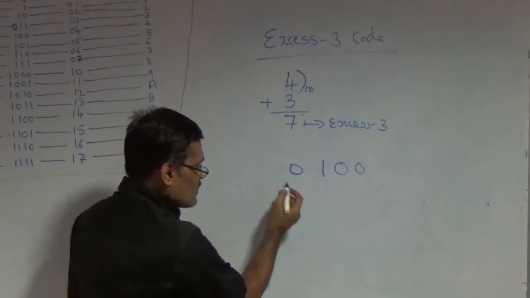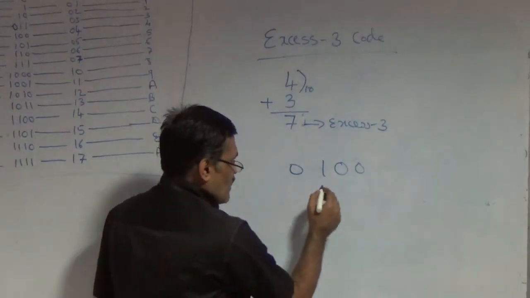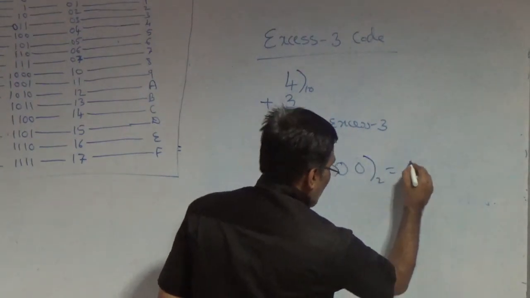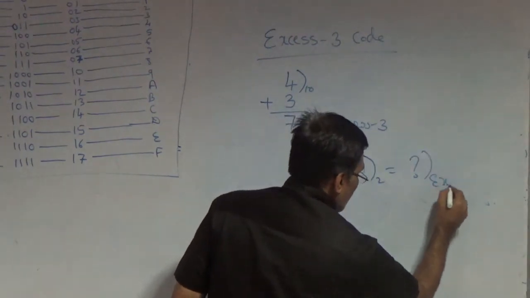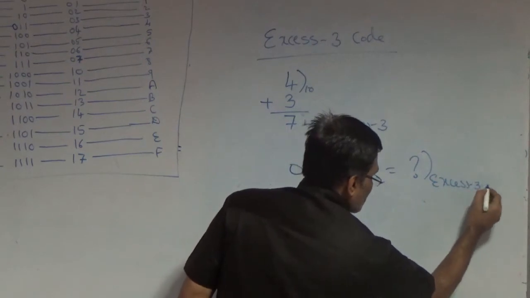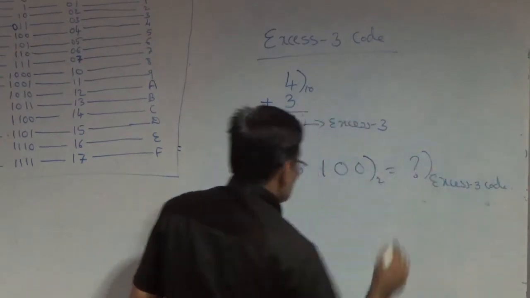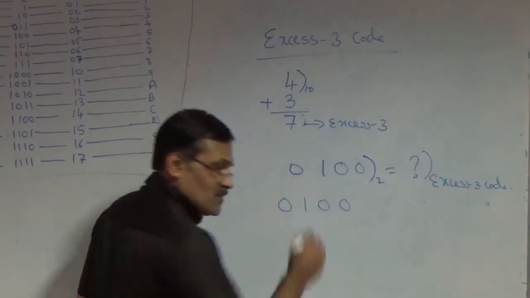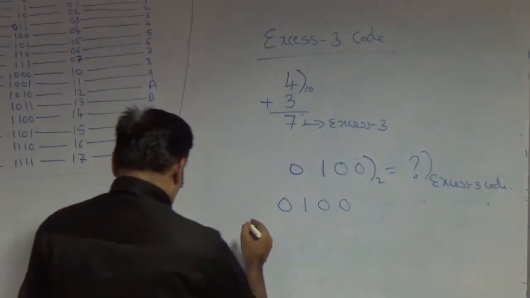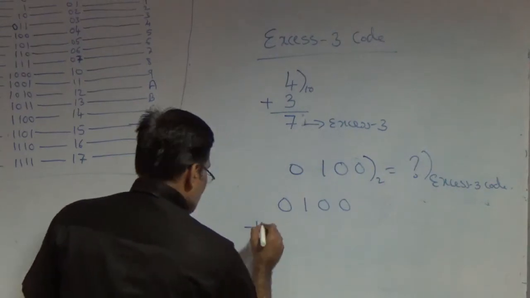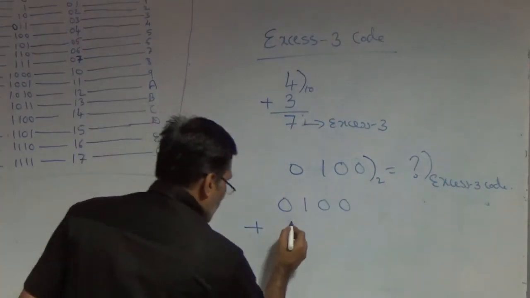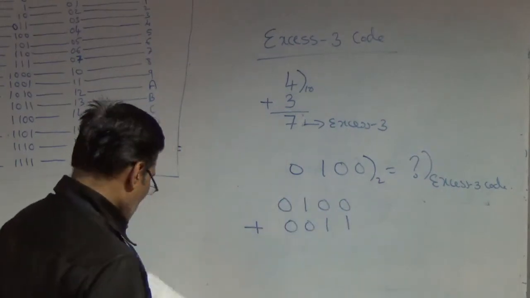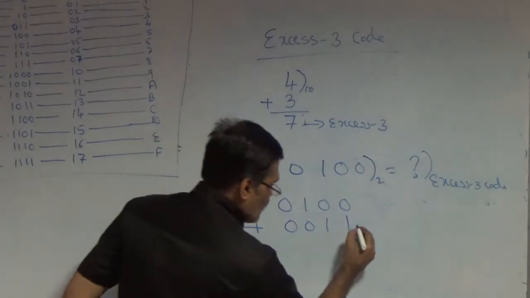So now this is the binary number, and you have been asked to generate an equivalent Excess 3 code. Write down the given binary number as it is, and as I have told, you need to add 3 to the given number. So what is the 4-bit binary for 3? 0011.